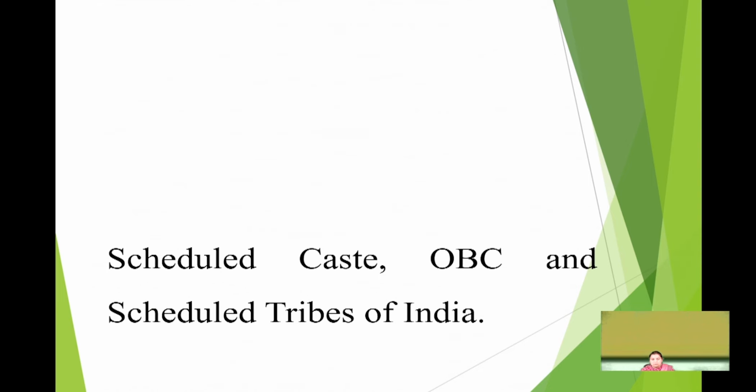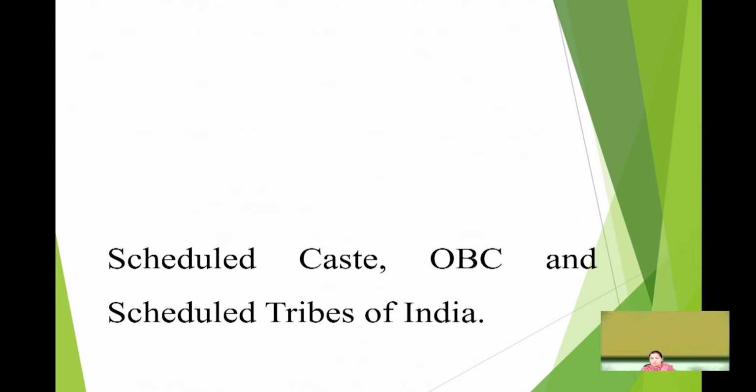As all of you know, in Indian society we have people who are classified on various bases. Earlier we were doing the chapter of social stratification, where we said that stratification is a process whereby we organize people based on different criteria into different groups.